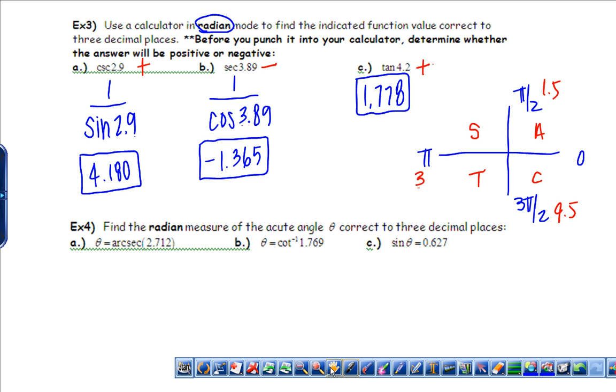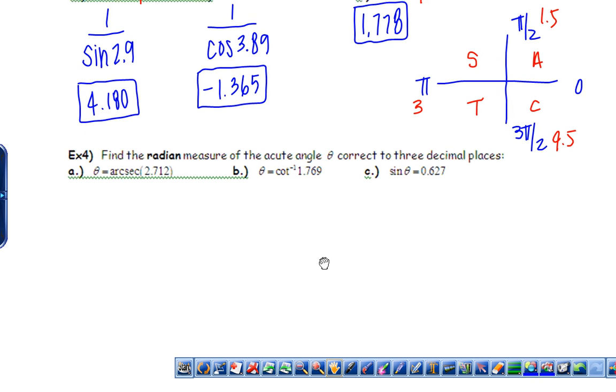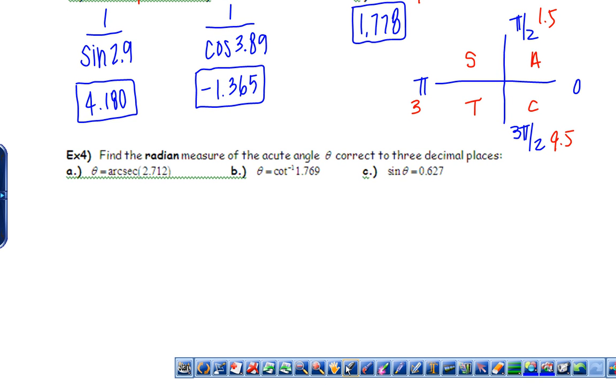Now remember, this one is the one with the arcs. When you're working with arcs, arcs stand alone, and you're looking for an angle. So arc secant is 2.7.